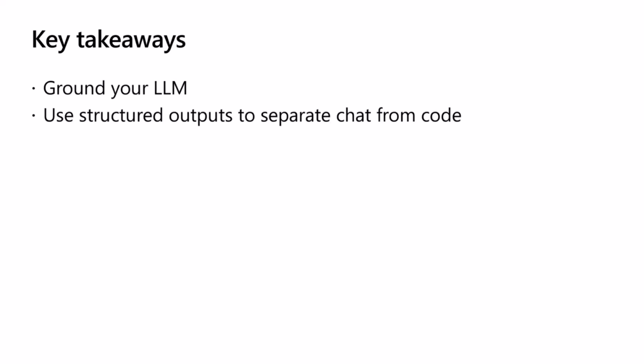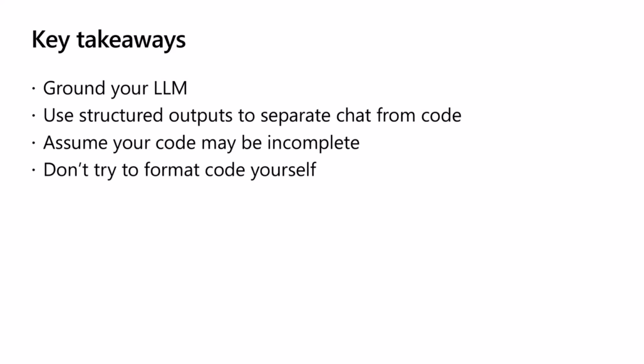I could have a section for the chat message, one for the code, and maybe one to tell me what iteration of the code it is so that I can go back in history and take snapshots or something. Assume that the code that is returned may be incomplete, and don't try to format the code yourself.